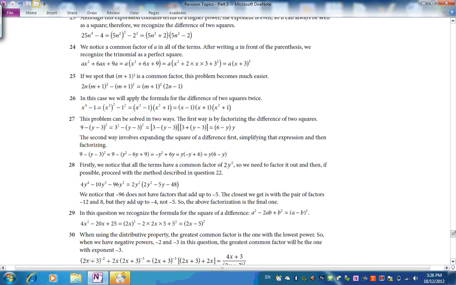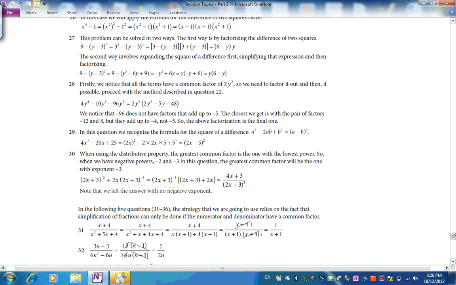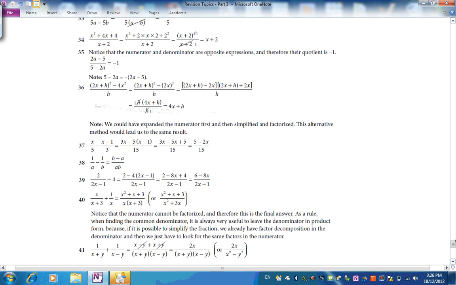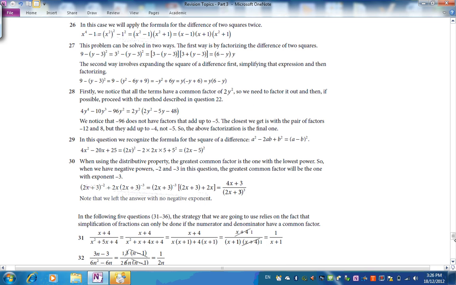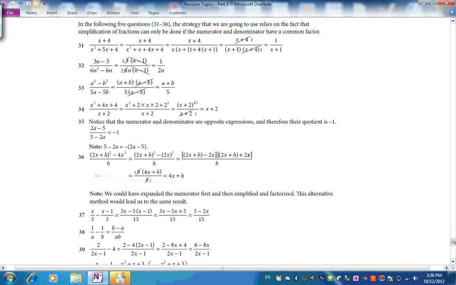And then we'll go 27. Let's just bring it up here. 27 through 32. And then we'll go 33 through to 40.